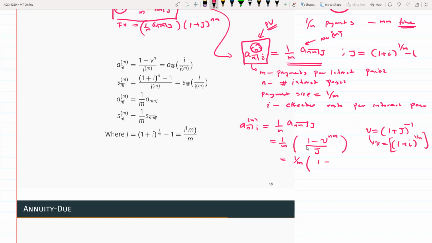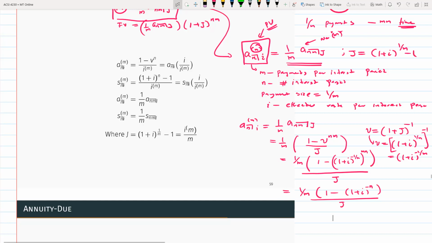Then you have negative 1 outside, so that's basically (1 plus i) to negative 1 over m. Let me replace that in here, and let me leave j as it is. Then it can be simplified. You can see the m's cancel out, so I would get (1 plus i) to negative n. Then here I have j.